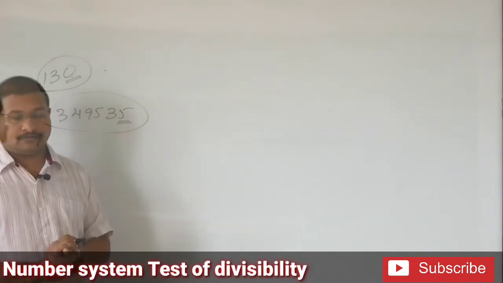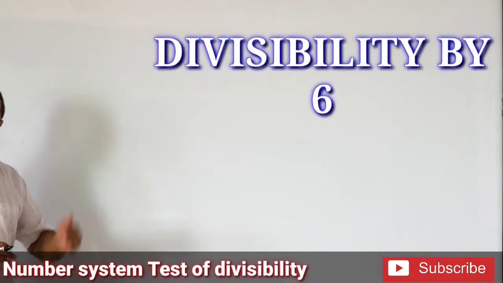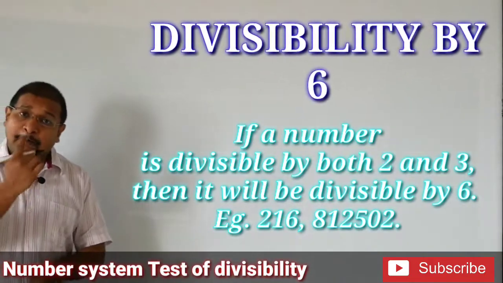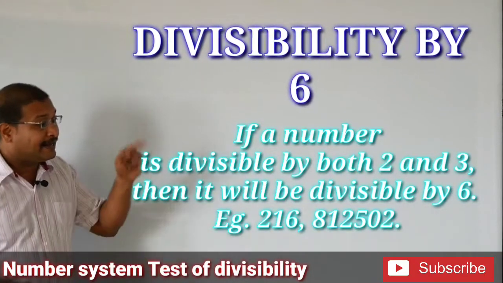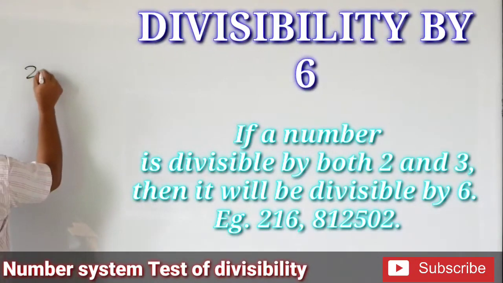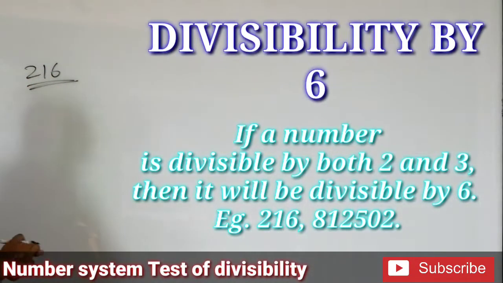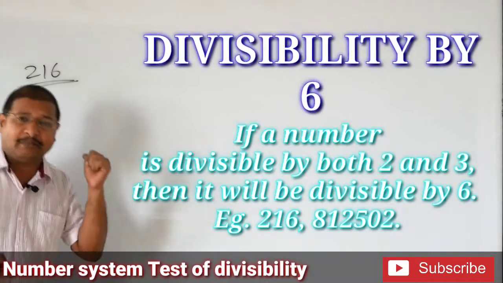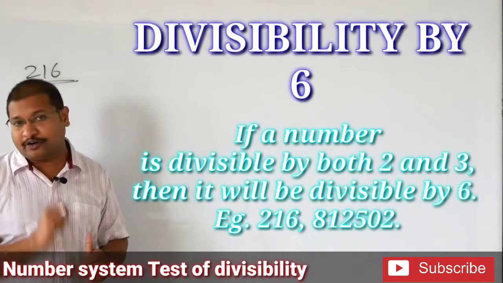Ready? See now the next one, divisibility by 6. If a number is divisible by both 2 and 3, then it will be divisible by 6. Just imagine I am taking 216. If you want to test whether the given number is divisible by 6, what do you want to do?